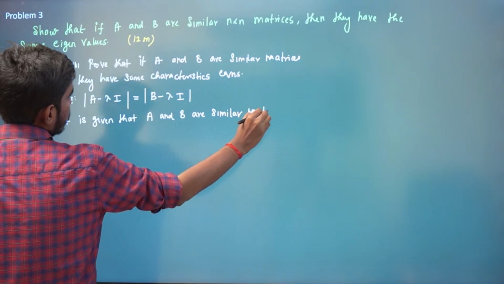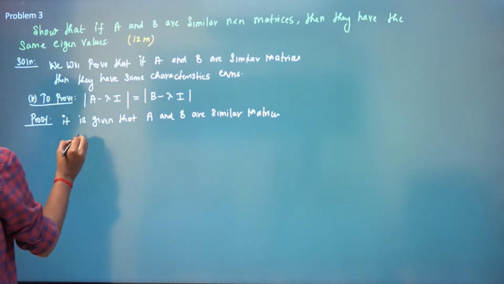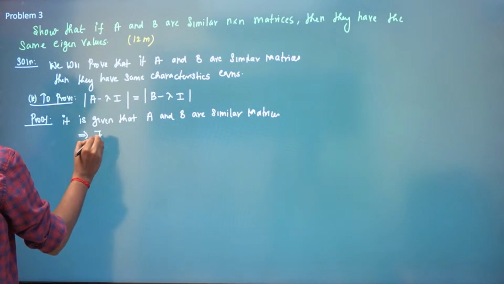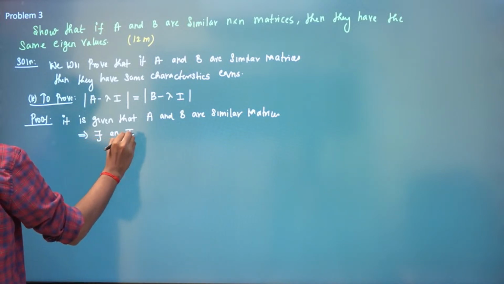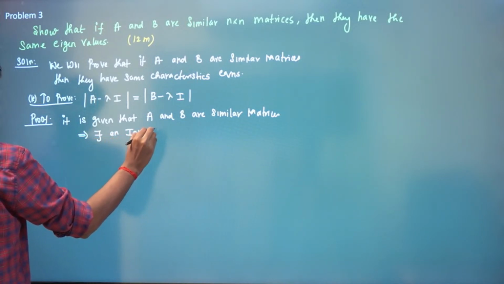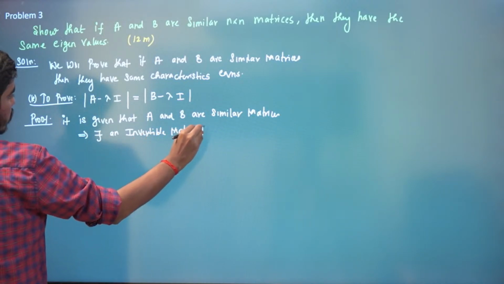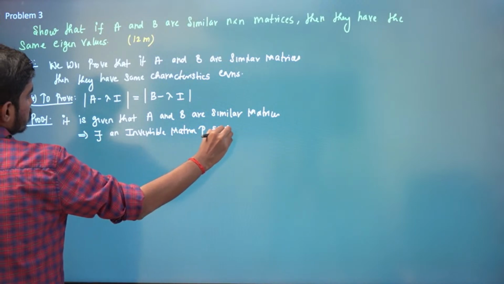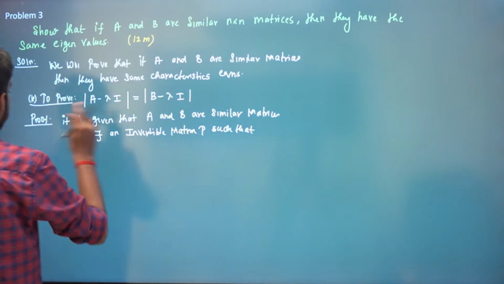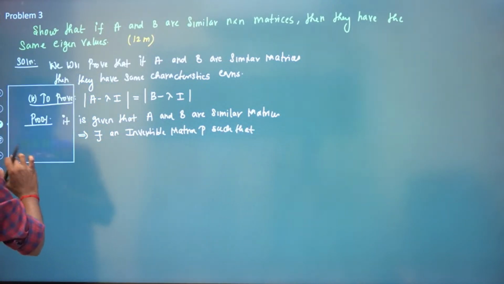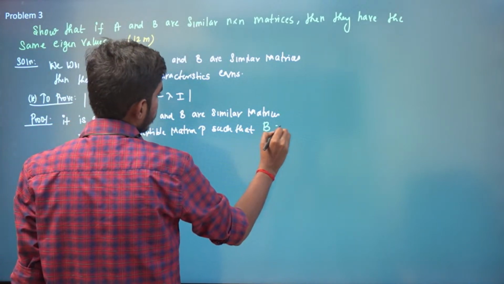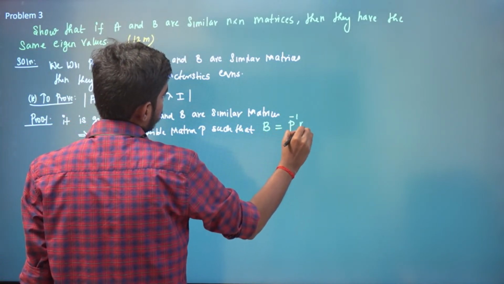What is the definition of similar matrices? This implies there exists an invertible matrix P such that the matrix B can be written as P inverse AP, right?